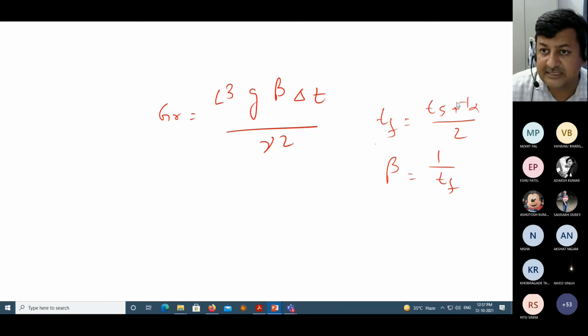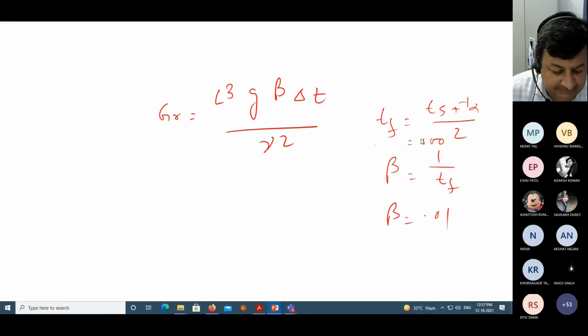That is 25. What is TS you have? That is 175. So what is TF? TF equals (175 plus 25) by 2, that is equal to 100. And beta equals then 0.01. Correct?